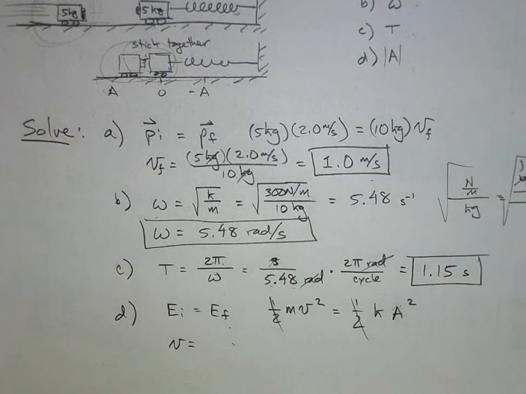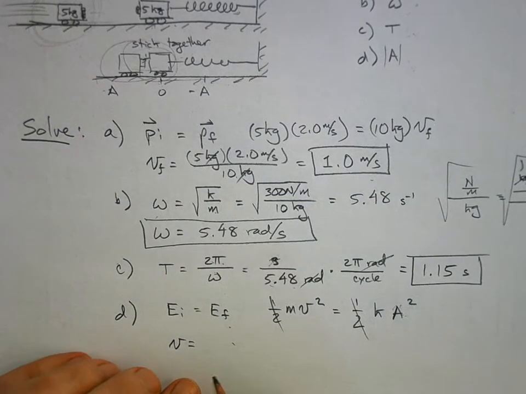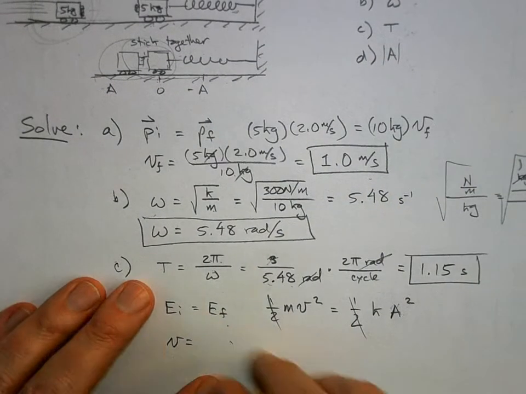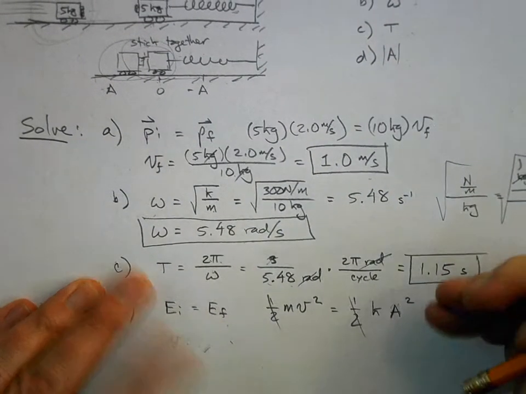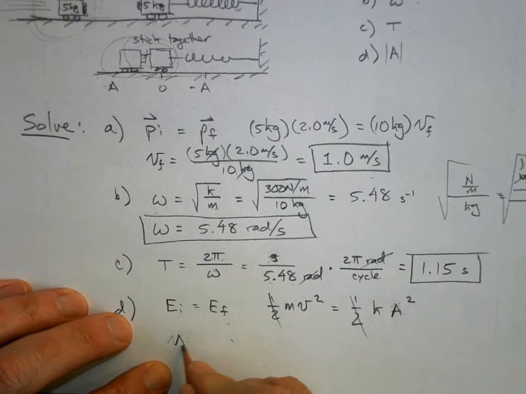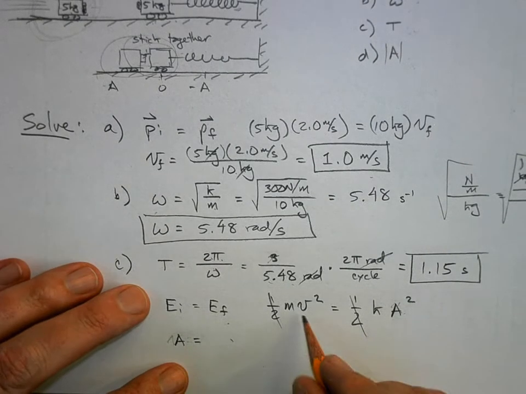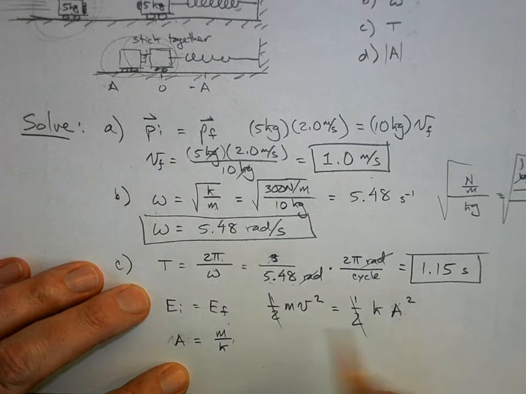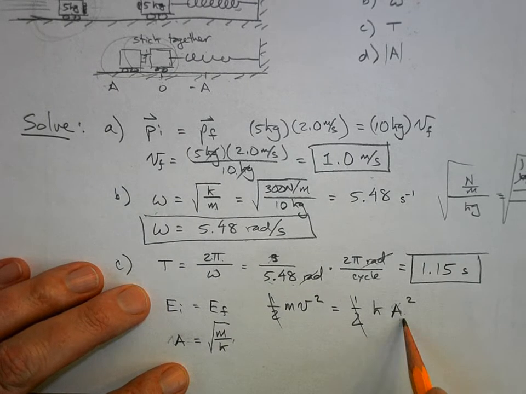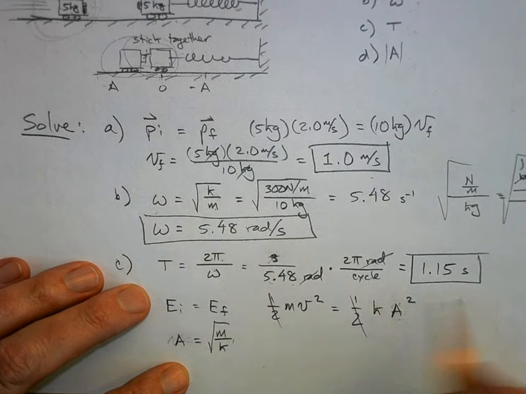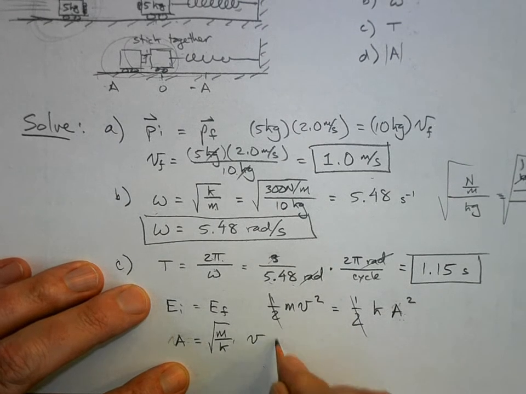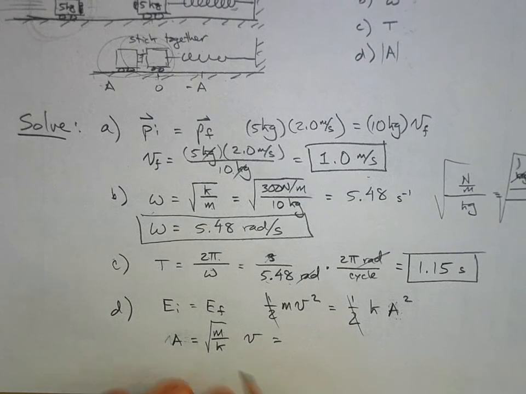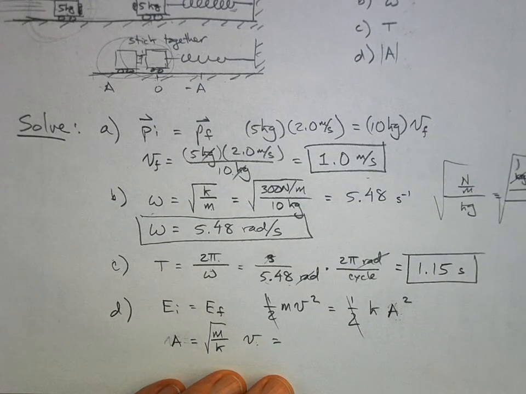Wait, no, I'm sorry, I'm solving for A. So A is equal to, well, I'm going to divide by k, so I'm going to have m over k. I'm going to take the square root of that, and then I'm going to take the square root of both sides, so that's just going to be v. So the amplitude is going to be equal to the square root of m over k times the speed.